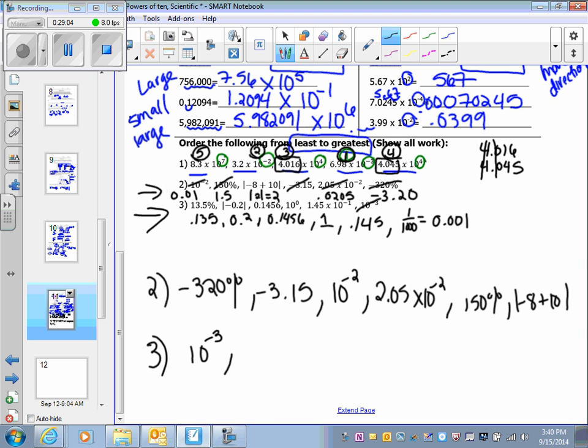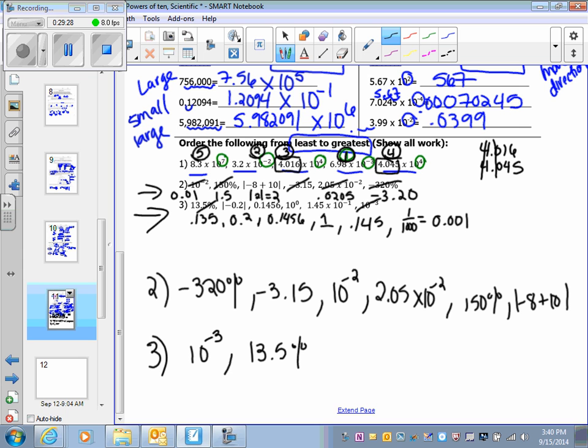Next would be next smallest, least to greatest. So the next smallest would be 13.5%. Okay, because remember that's 0.135.